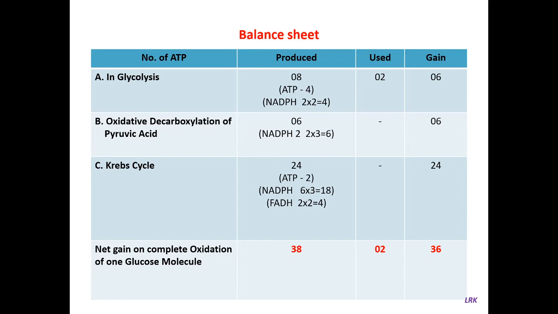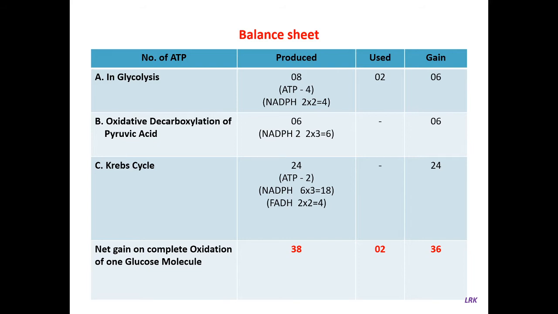But here, when we count these 36 ATP, each ATP 7.6 kilocalories, we are getting only 273.6 kilocalories of energy. So where does the remaining energy go? This remaining energy is wasted in the form of heat energy.